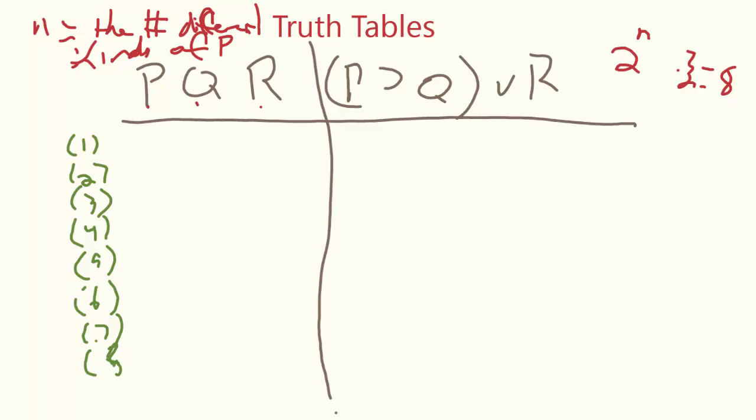We can always get the same pattern that I was discussing if for P, our most left proposition in our reference column, for the first half of the rows we give it T's, and then for the second half, so in this case that's 4 rows, in the second half we give F's.